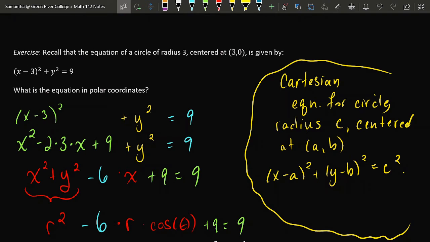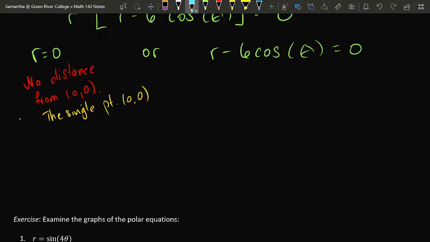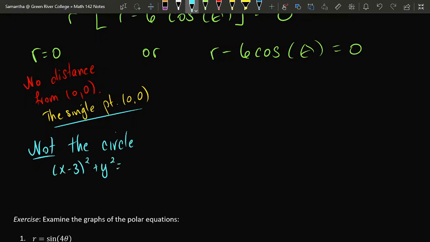This equation is an entire circle, radius r, centered at 3, 0. So because this r equals 0 is describing a single point, which is not the circle in this problem, r equals 0 cannot be the correct conversion of the equation to polar coordinates.